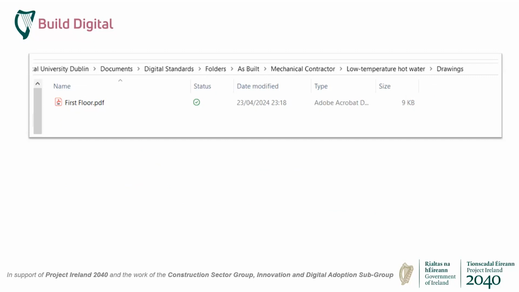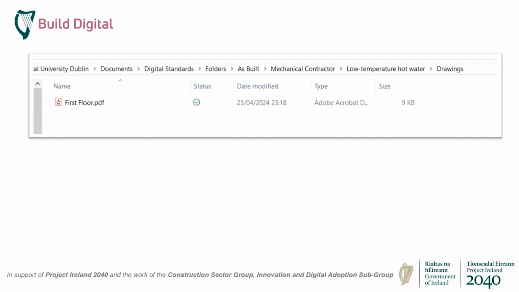So then to move on and say, well, what about when you don't use it? And I suppose this is one of the biggest problems that I used to experience when I was working: the file name was dependent on the folder structure. That meant you might have a file at the end of it called first floor, and to look at that file outside of the filing structure just makes no sense.